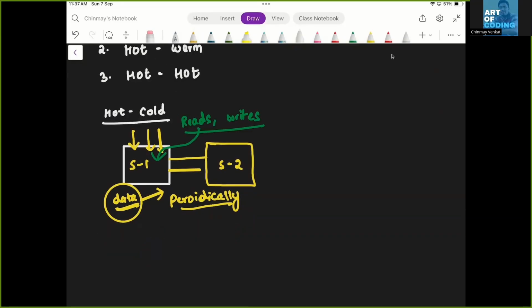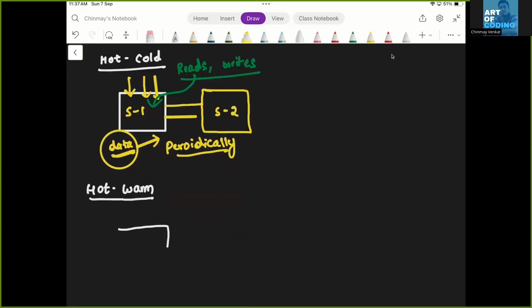In the hot warm architecture, we have server one and we have server two.